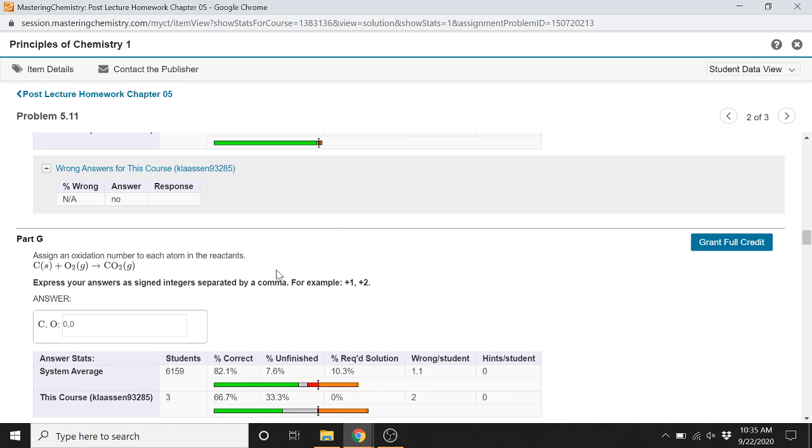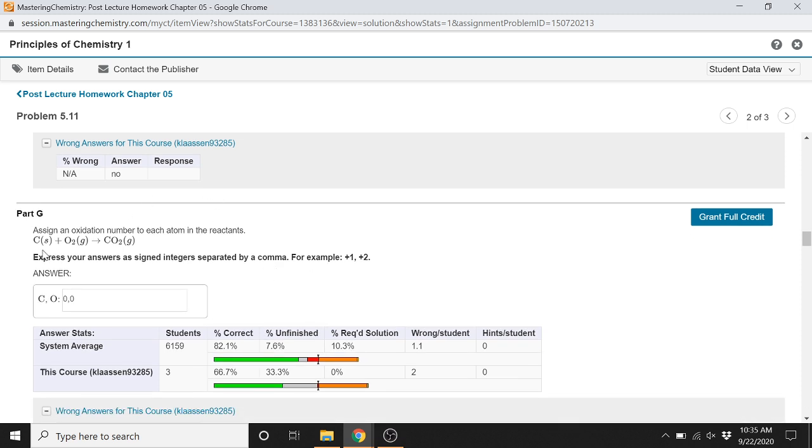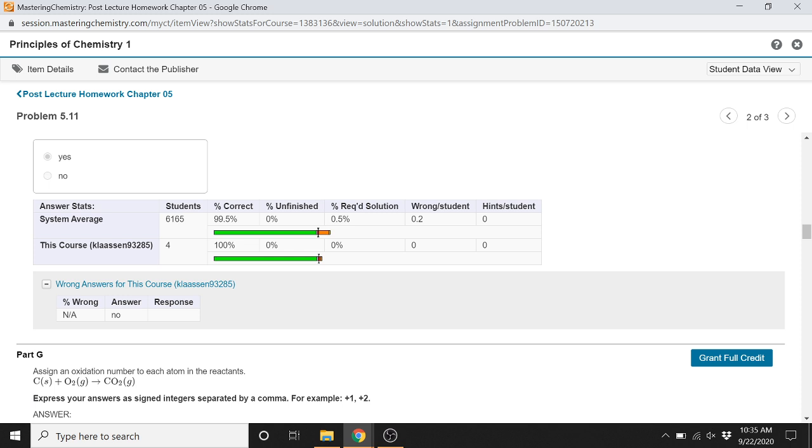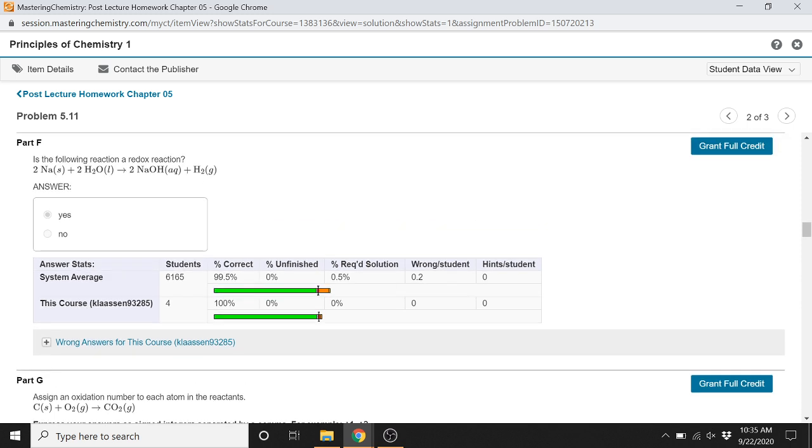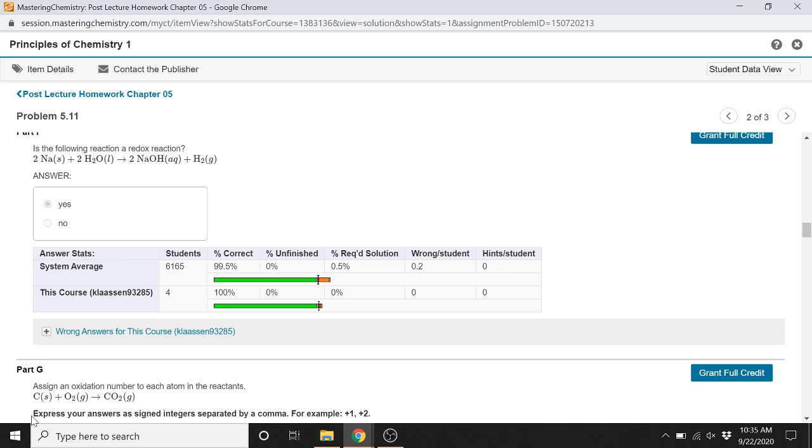All right. Okay, so let's assign an oxidation number to each atom in the reactants. So here we have our reactants. What would our oxidation numbers be? So carbon is by itself. Carbon here is by itself. So that means its oxidation number has to be?